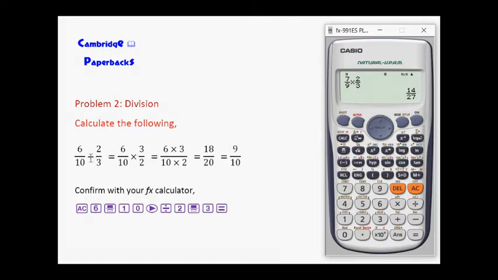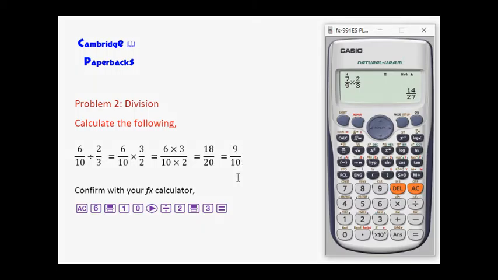Once this happens, the division sign is replaced by a multiplication sign. So now we have 6 times 3 over 10 times 2, which is 18/20. Both these numbers can be divided by 2 to give an answer of 9/10.